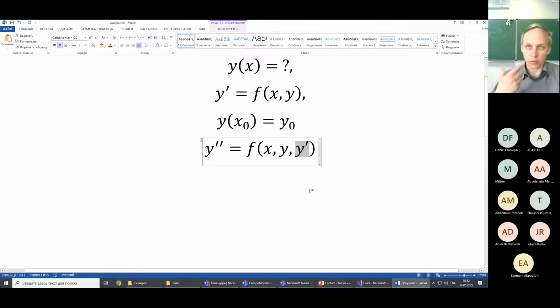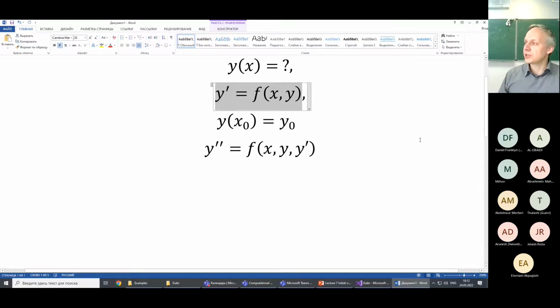The order of the equation means the order of the highest derivative. This is the second order differential equation. This is the first order differential equation.